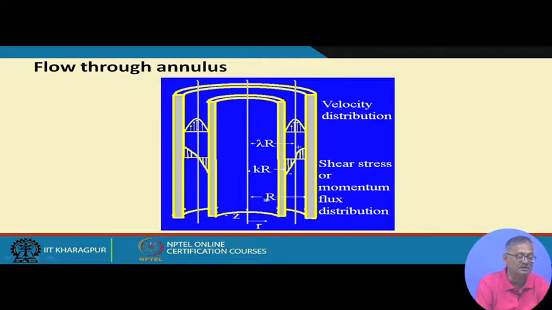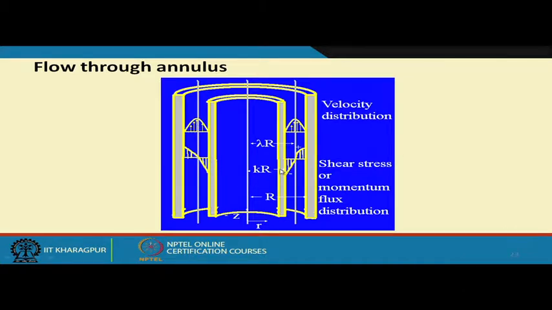R is the outer and kR is the inner, right. Of course, this arrow should have been here, right. This arrow goes up to this, perhaps by some mistake it has gone up to that. So, it is from the inner wall, right. This is the thickness of the wall.